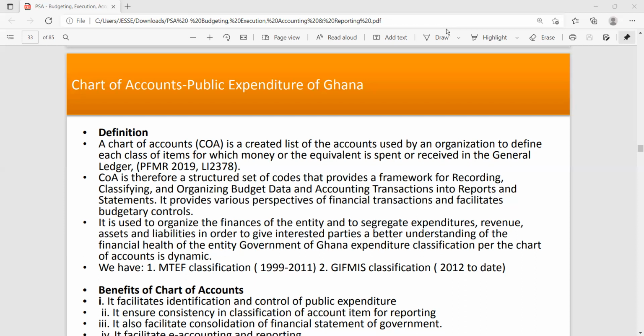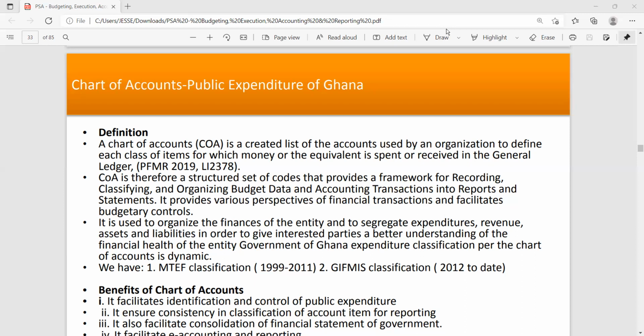So the reason we have a chart of accounts is to provide some form of structure, some form of organization, so that we know that we are clearly separating expenditures from revenue, from assets and liabilities. There is that proper separation or segregation for proper understanding by interested parties who want to know more about the financial health of the government.